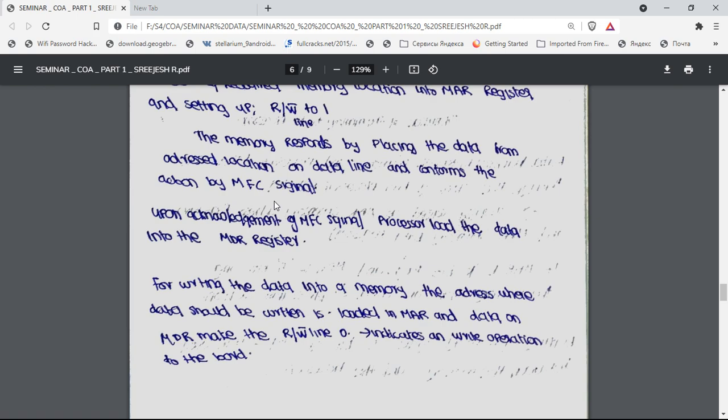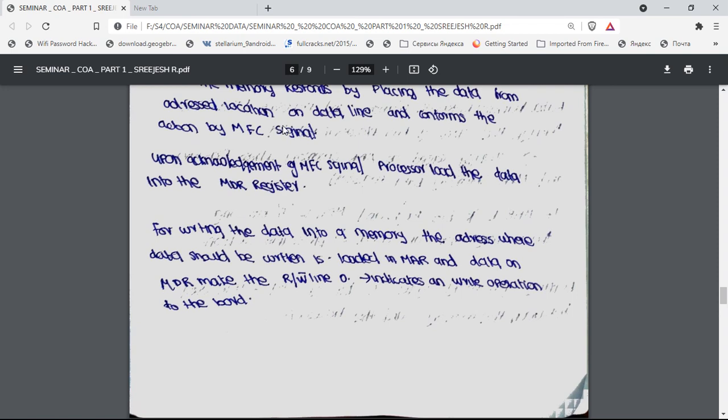So the MFC signal will be initiated. Once the MFC signal is received, the processor understands that the memory function is completed. Upon acknowledgement of the MFC signal, the processor loads the data into the MDR register. So the work is done, and the data is now in the MDR register. This is the whole thing.